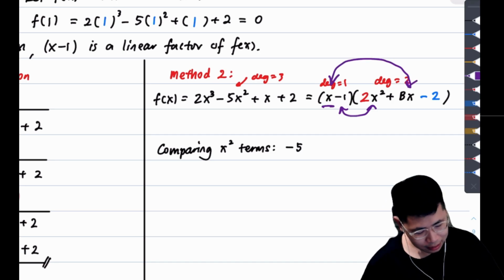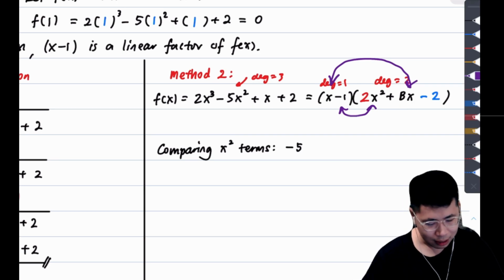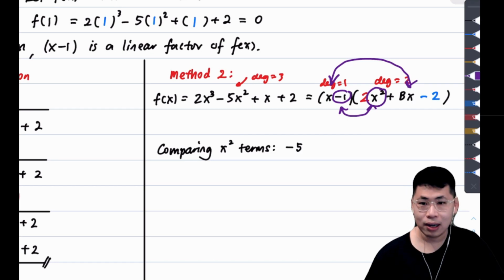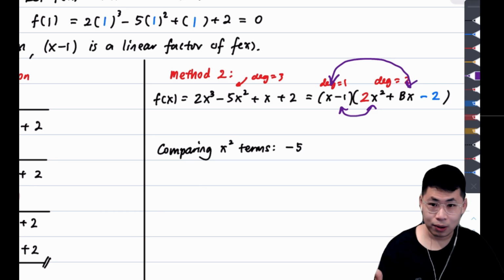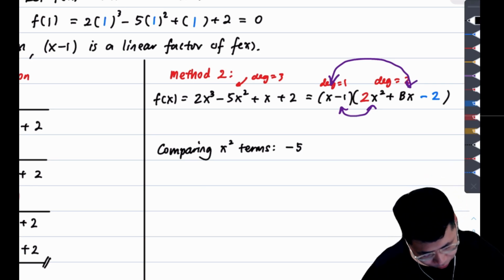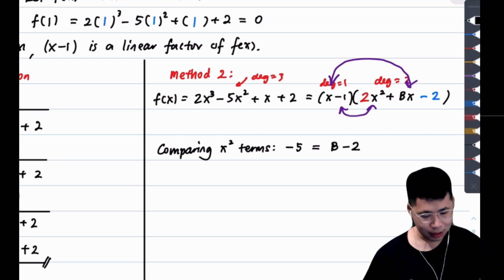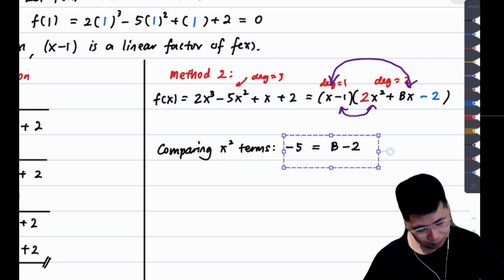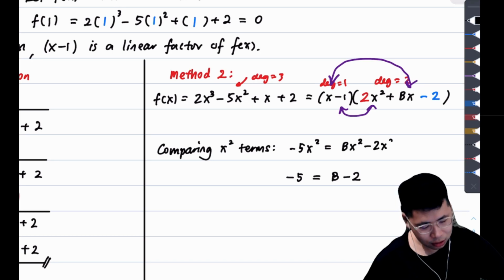x times bx will be bx squared. Then -1 and 2x squared will give us -2x squared. So on the left we have -5, on the right we have bx squared minus 2x squared. In case you cannot see, on the left hand side is just -5x squared. On the right hand side, when we expand, is bx squared minus 2x squared.